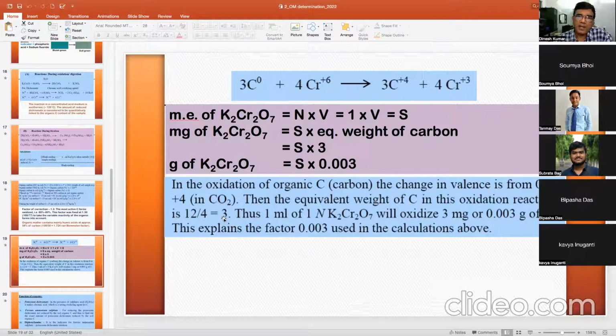Thus 1 ml of 1 normal K2Cr2O7. I told you when you multiply the normality with the volume, you get milli-equivalents. And when you multiply milli-equivalents with equivalent weight, you get milligrams. So suppose 1 ml of K2Cr2O7 was used, and 1 was the normality.